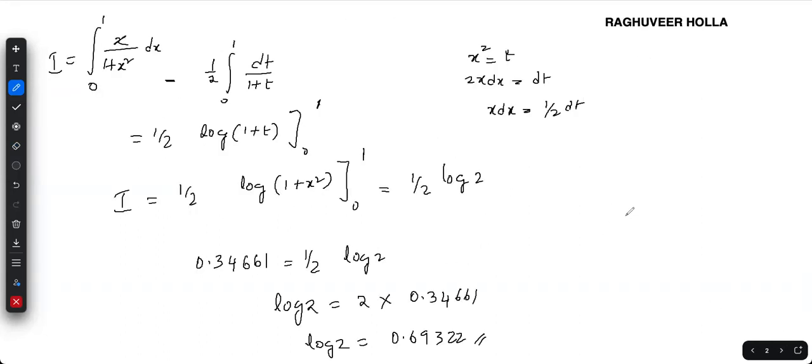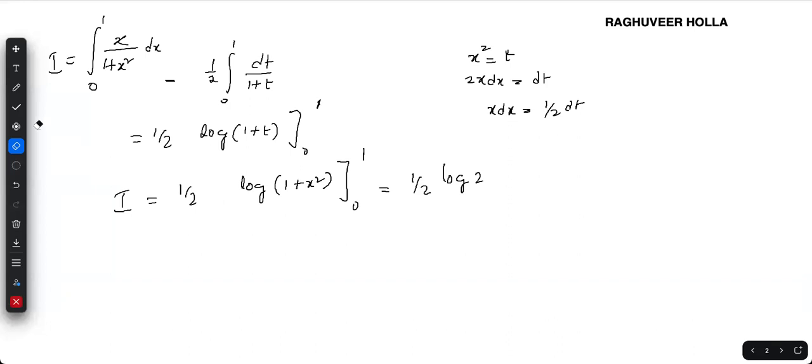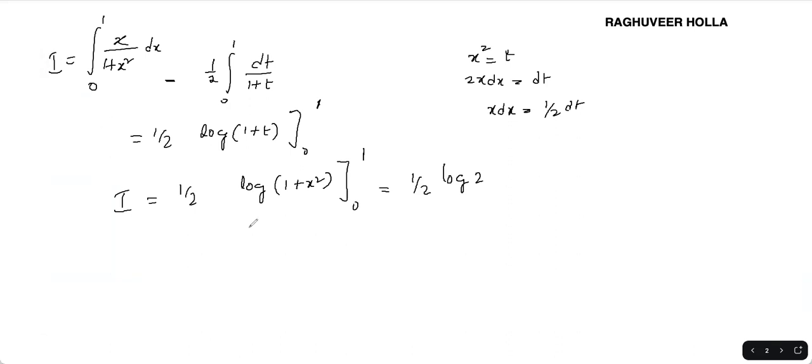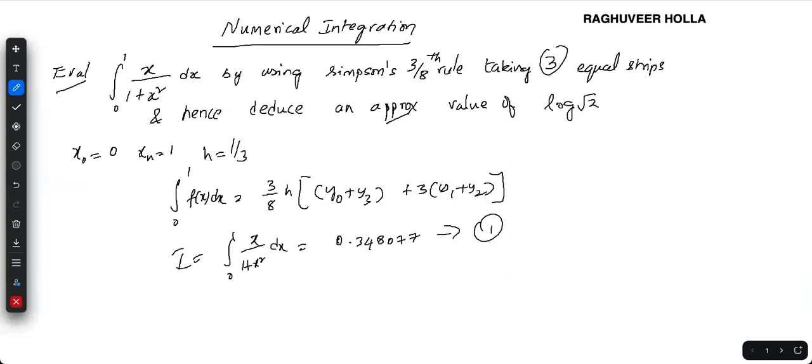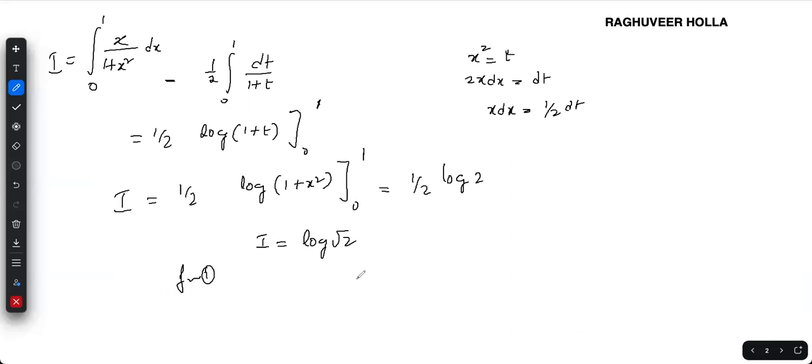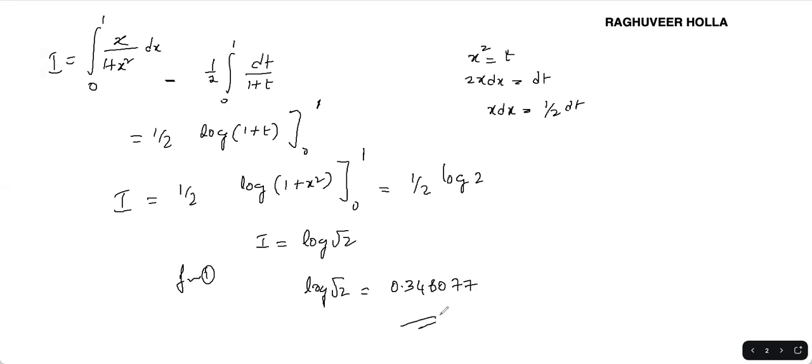This is the same process which you have done earlier. Now we got I as log root 2, from the earlier problem which we have done. Let us substitute here: this log root 2 is 0.348077. So this is your final answer.